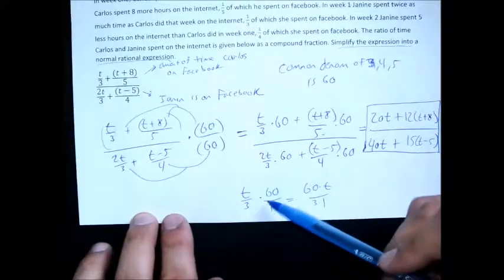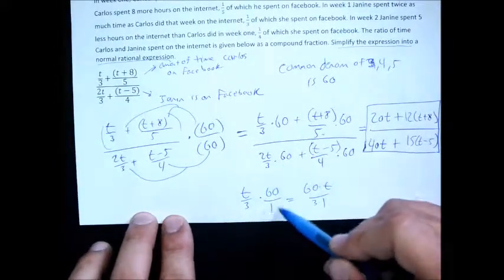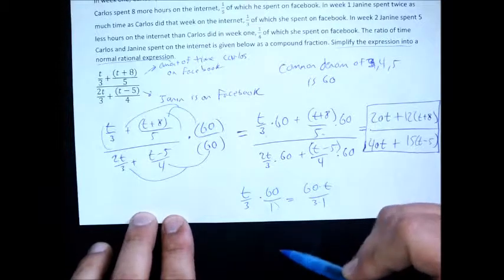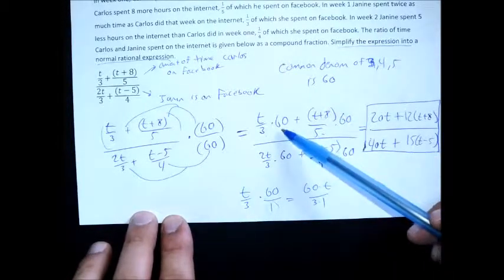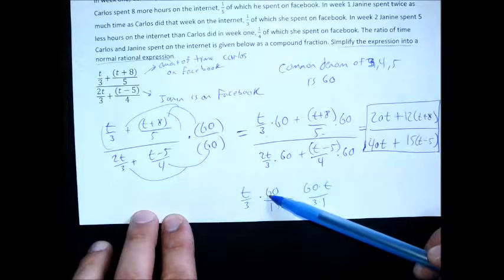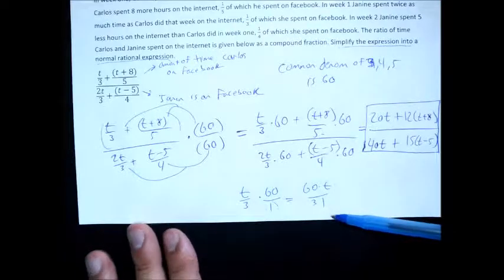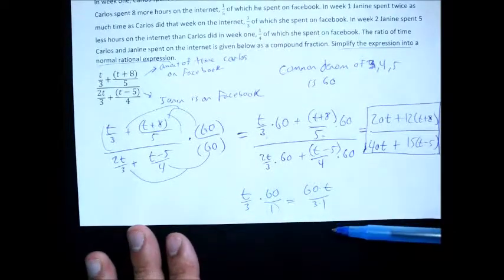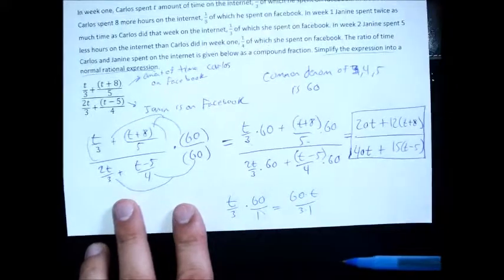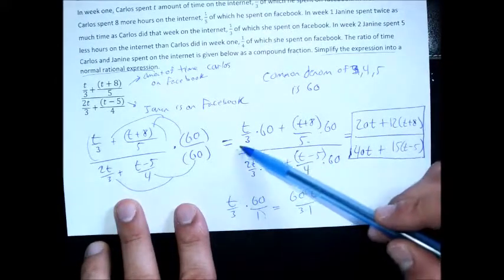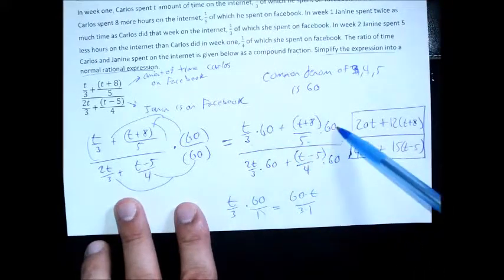The 60 would multiply into the denominator if there was a 60 down here instead of a 1. So in this situation, the 60 doesn't go into the denominator because it's the 1 that goes into the denominator. So how do you get 20? Because I divided 3 into 60.